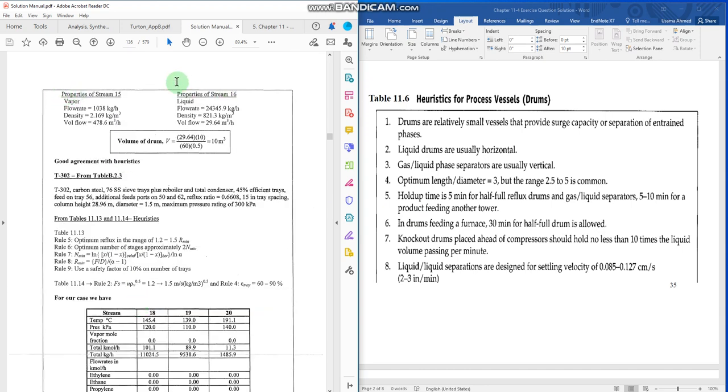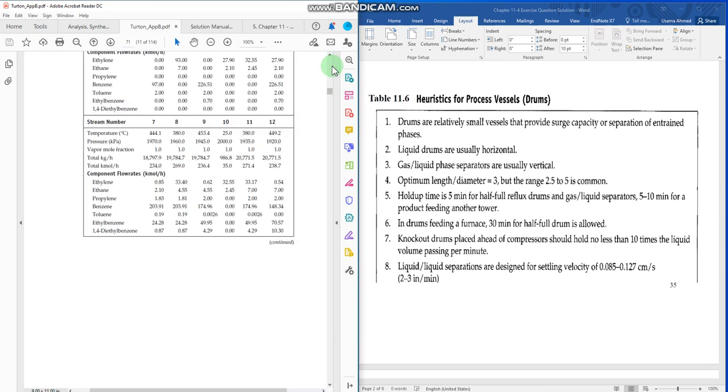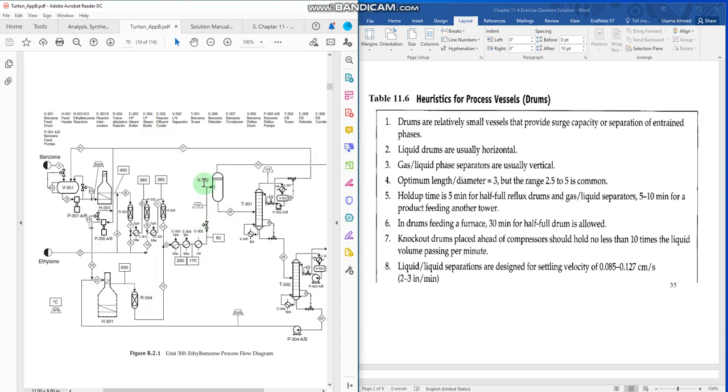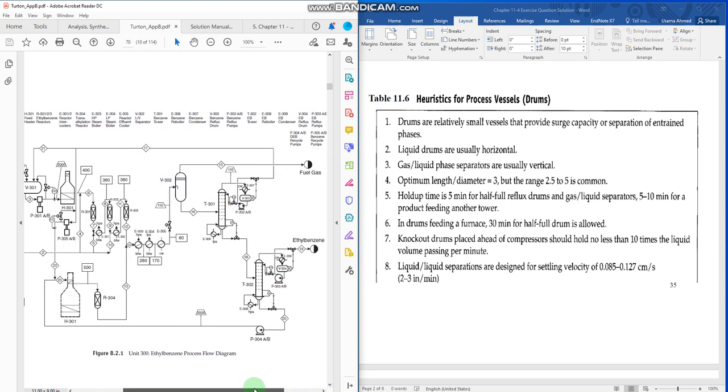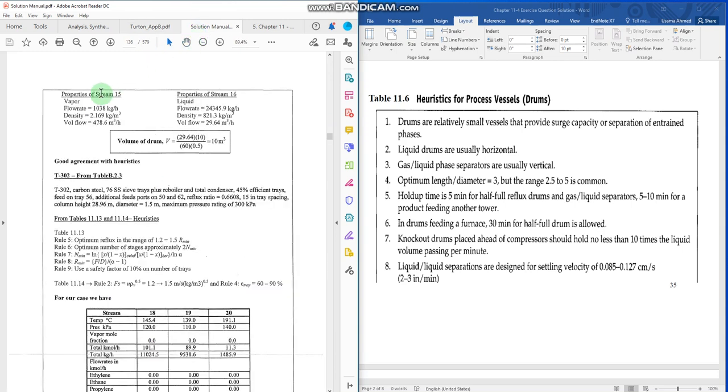Now, properties for stream number 15. Let us look at this figure again for more clarity. You can see this vessel here, and stream number 16 is being fed to this column, and stream number 15 is going directly as a fuel gas. So we have to consider this system, and see the conditions in streams number 15 and 16. The properties of stream number 15, the flow rate, you can get from the table of the material balance.